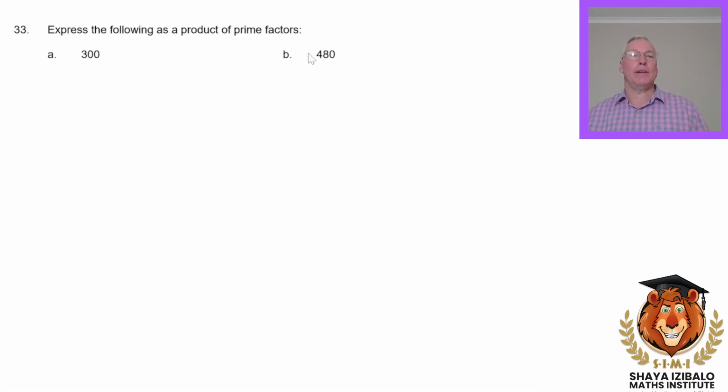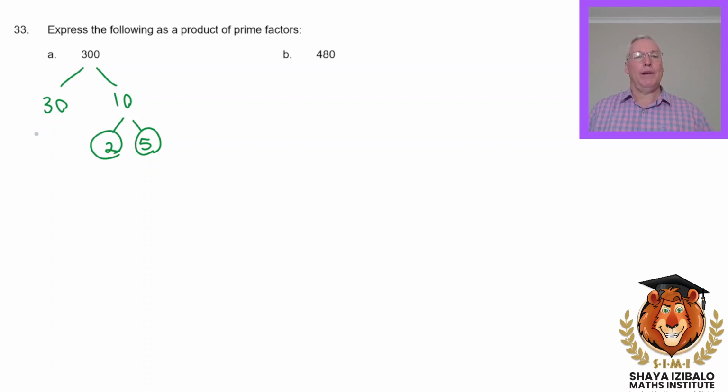So this is question 33 on page 39, and I generally prefer the tree method. I just think it's slightly quicker. So 300 is 30 times 10. 10 is not prime, but it's 2 times 5, both of which are prime. 30 is not prime, but it's 2 times 15.